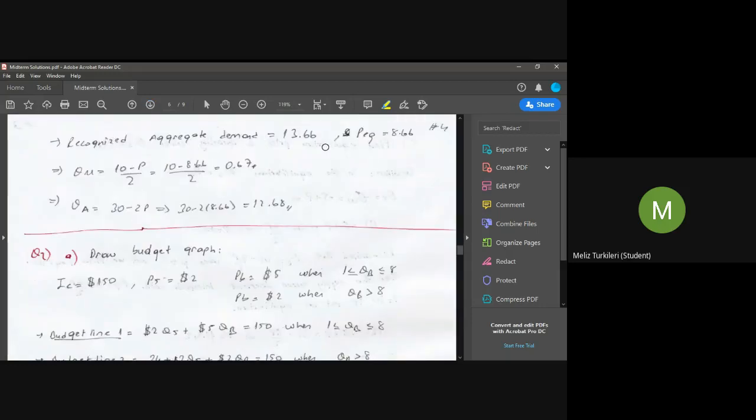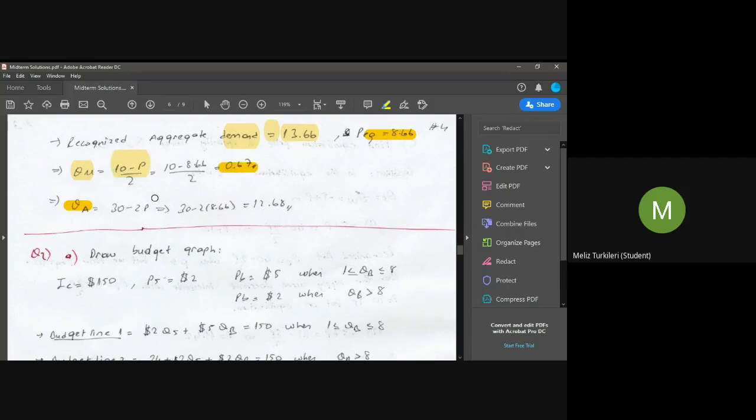Okay, we know that aggregate demand is 13.66 and equilibrium price is equal to 8.66. Since at this price level we do not have positive demand for the third person, we should check the demand for both the first and second consumer. We know that the demand function of the first consumer is equal to 10 minus p divided by 2. If we plug this equilibrium price into this equation, I will find out that the quantity of the first person should be equal to 0.67.